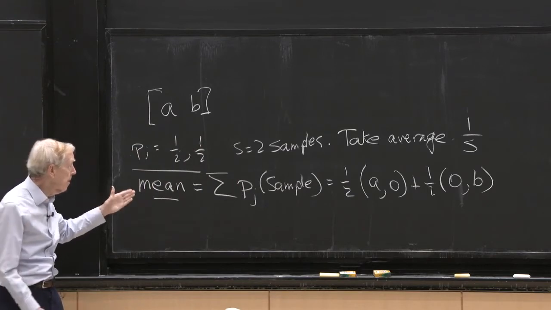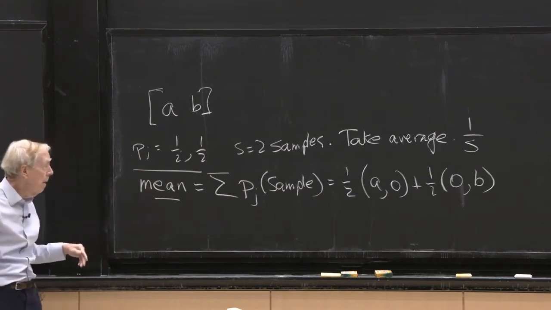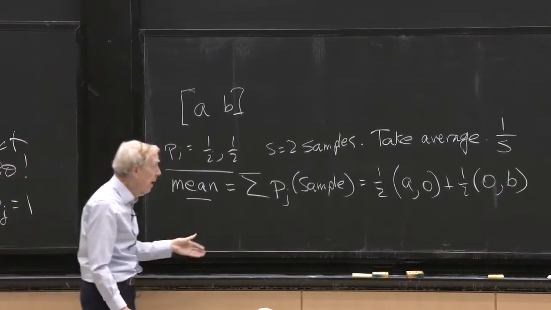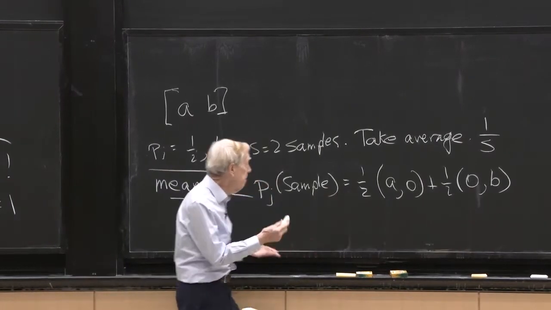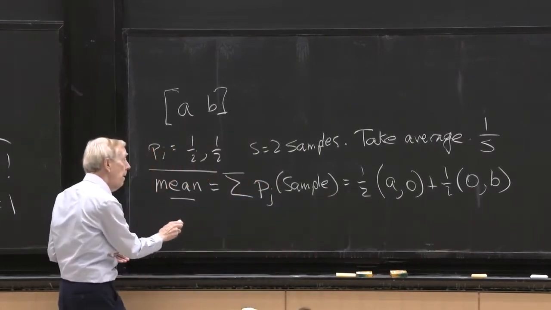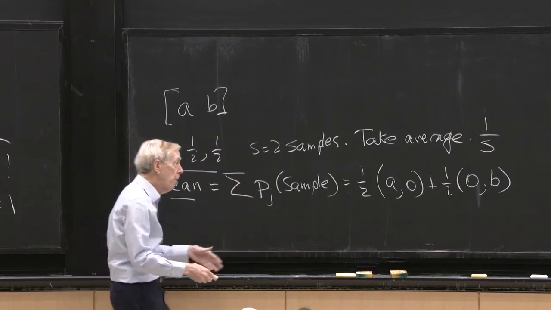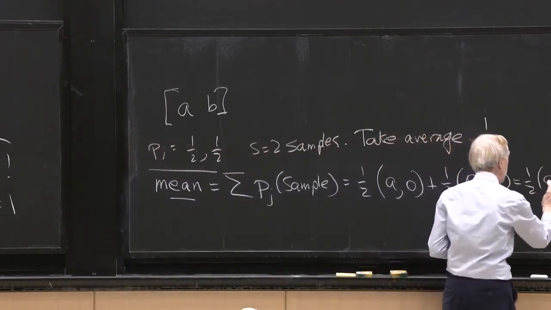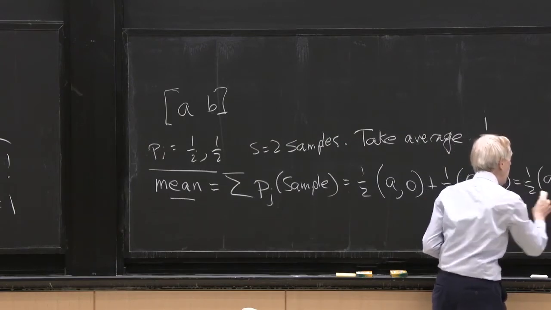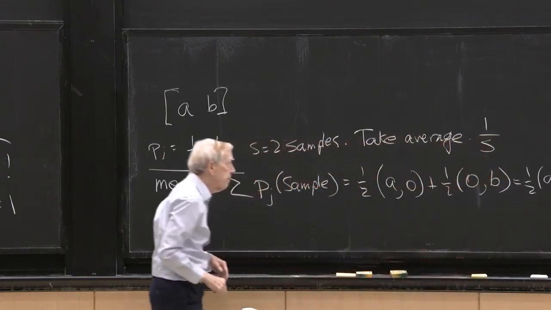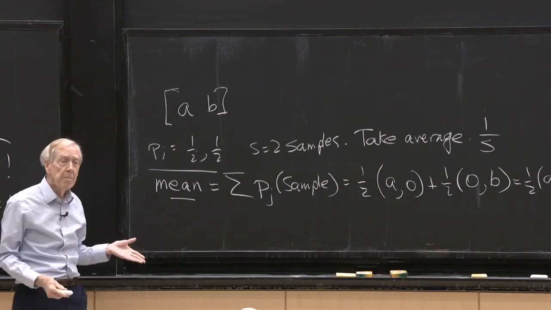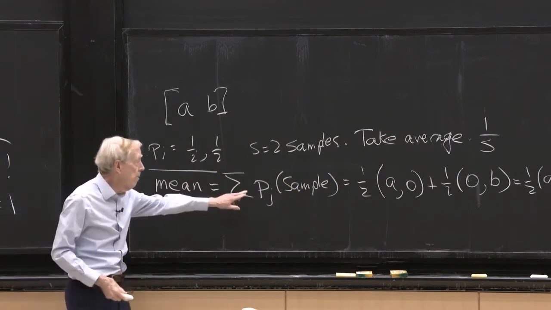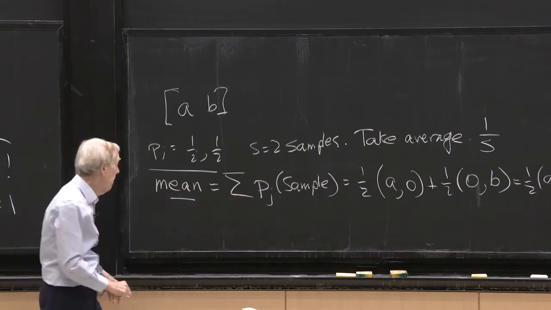And computing the mean, I get that mean for each sample. Let's put what I got here, half of AB. That was the mean of each sample, because my probabilities were equal, half and half.